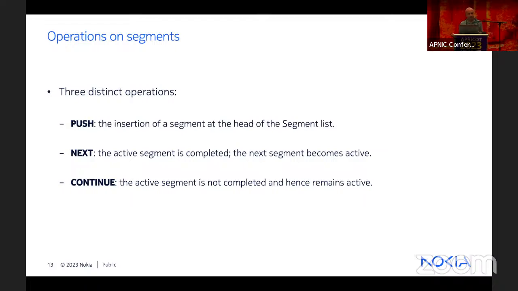The next operation is analogous to the pop operation. So next means you're done with the top label. Take it out and forward based on the next label. And then there's a continue operation, which is exactly the same as the swap. Continue means we're not quite done yet. Look at this label, swap it, and then carry on.